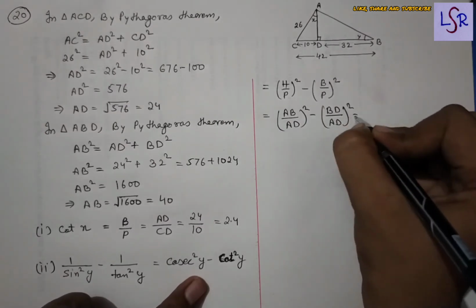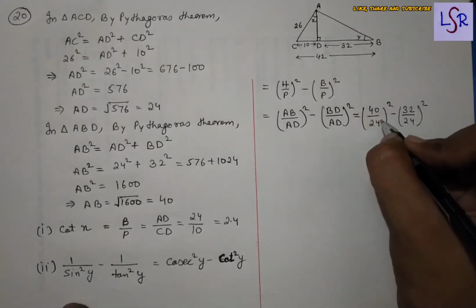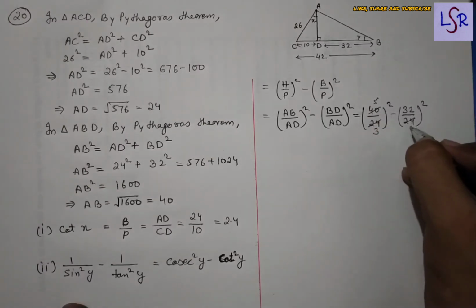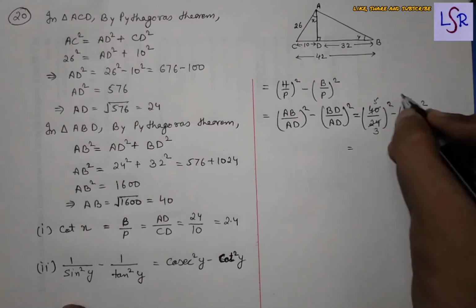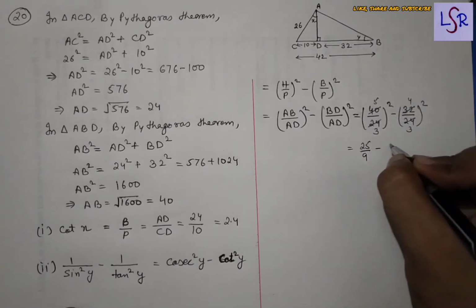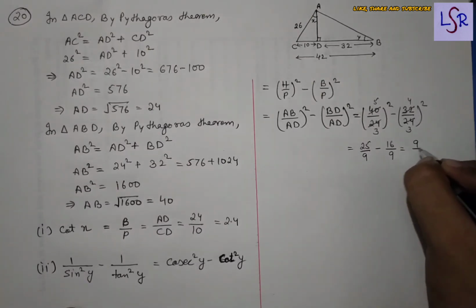Now place the values and solve it. After placing the values, we have got this. Now 8 3s are 8, 5s are again 3 and 4. Now make the square of it. It will be 25 by 9 minus 16 by 9, and equals 9 by 9, and finally equals 1.